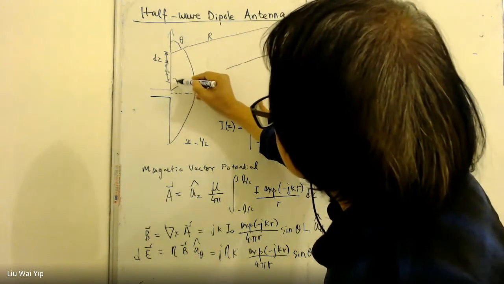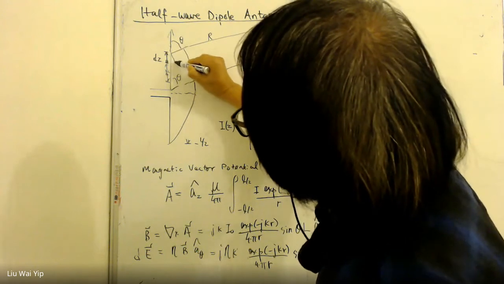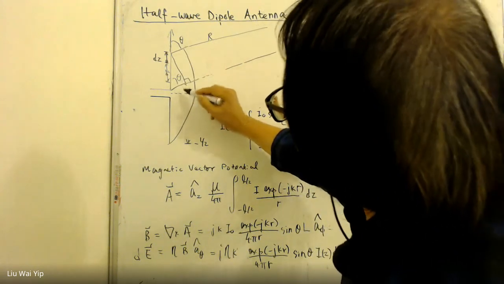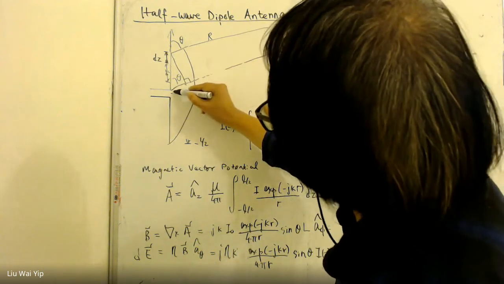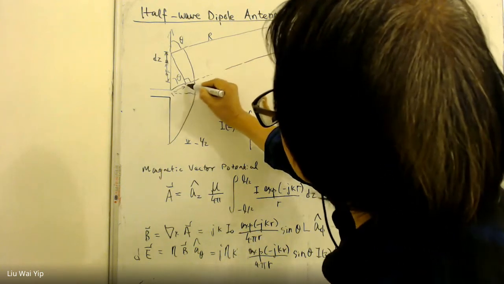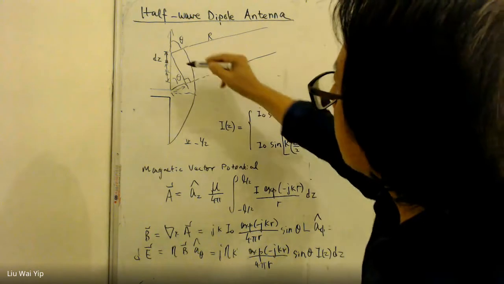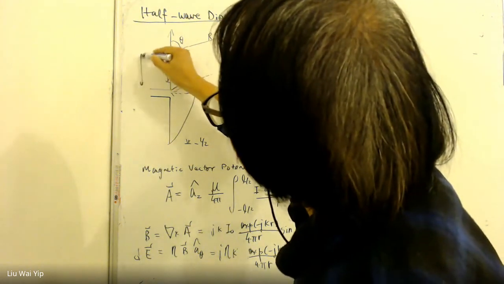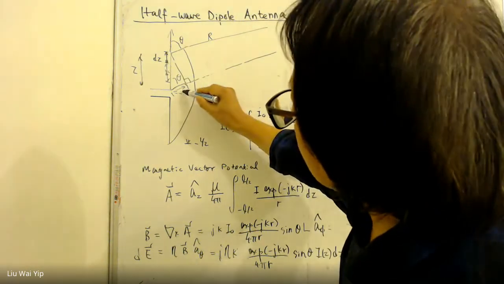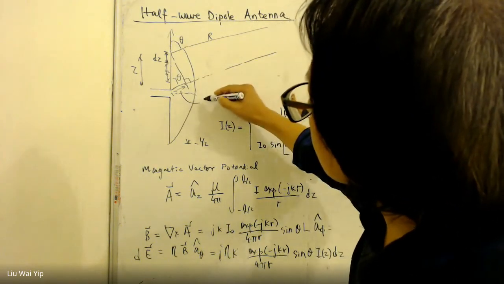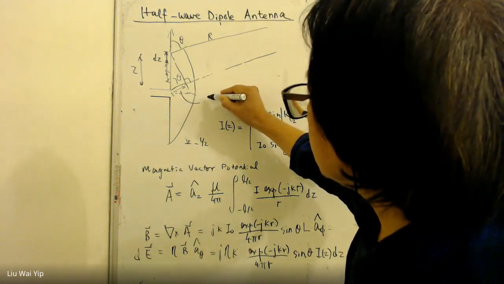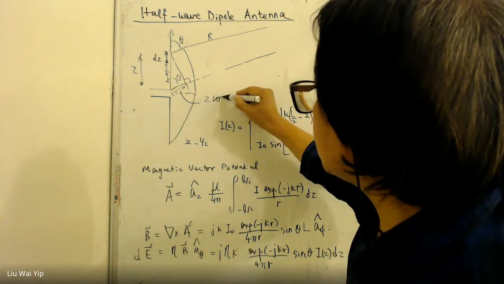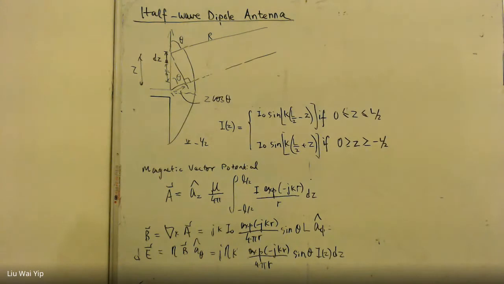So we have theta here as well. And if we construct a right angle triangle here, we know what the path difference can be calculated from here. If the length here is Z, then the path difference here is going to be Z cosine theta.